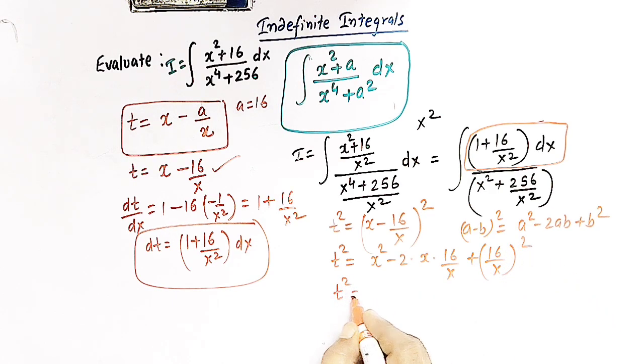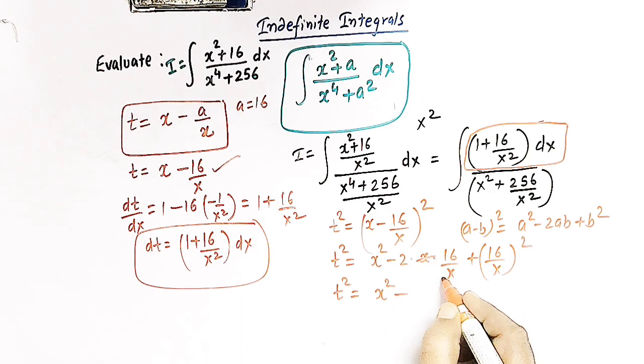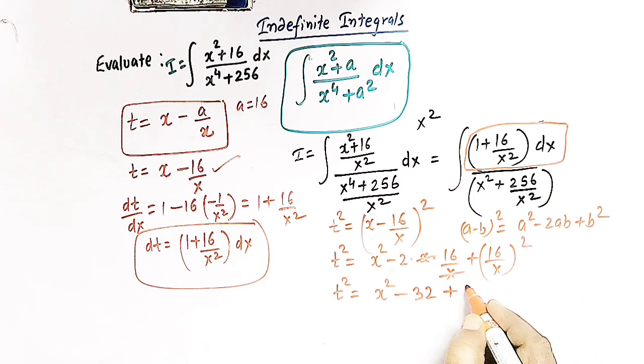So we can now write t square is equal to x square minus, here x and x get cancelled, so we are left with 2 times 16 is 32, and 16 square is 256 divided by x square.